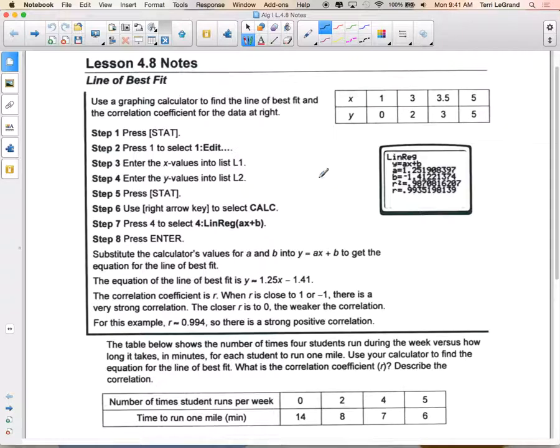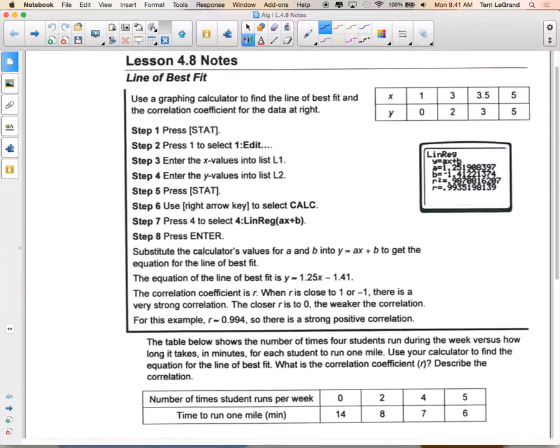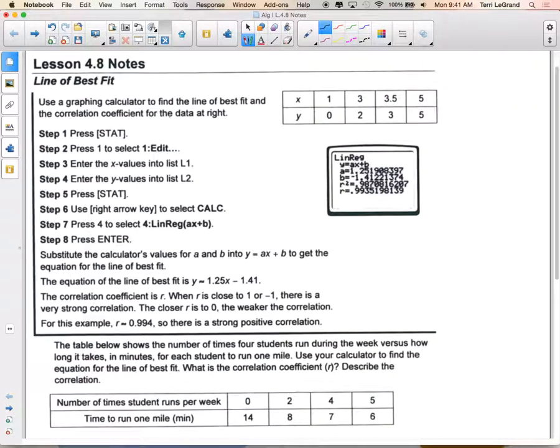So we're going to use the graphing calculator again. Get it uncovered and turned on. They've already done an example for us here, but we're going to do it again so that we can get the practice. Here's our data set right here. Circle that so you know what we're working with.